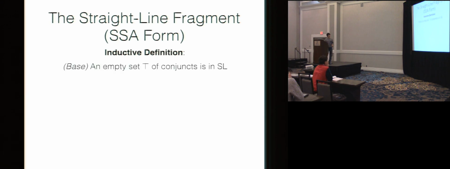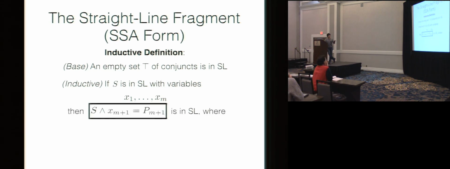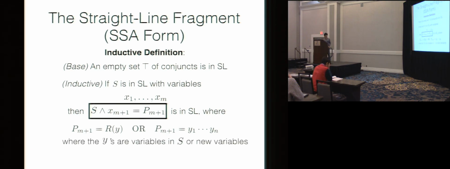So the definition is very simple. You can have an empty set of conjuncts, and that is straight-line. If you have something that is straight-line with variables x1 up to xm, then you can add another conjunct with a new fresh variable, with the assignment x_{m+1} equals p_{m+1} on the right, such that p_{m+1} is either a transducer application or a concatenation, where the y's here are variables that are already in S or new variables.